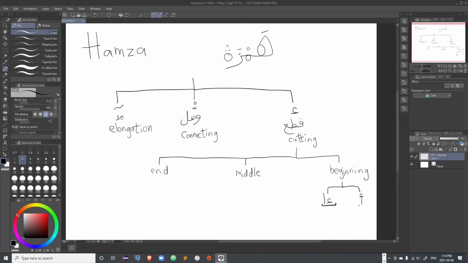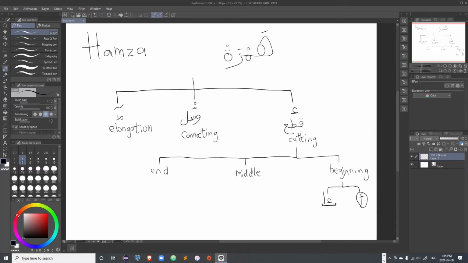Normally, what you will see is this one right here. You will rarely see this in books. Mostly, if you will encounter it often, you will encounter it if you are reading the Quran. And it will always be on the line, followed by an alif med or a vowel.